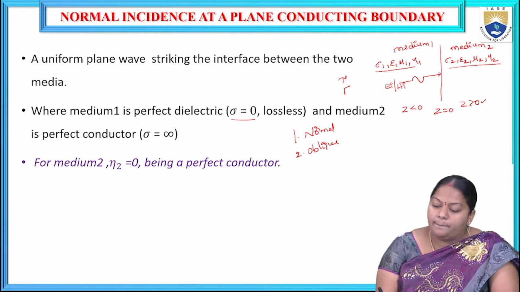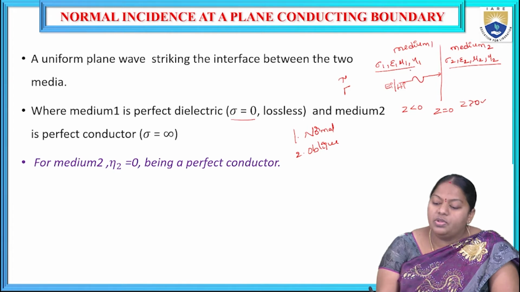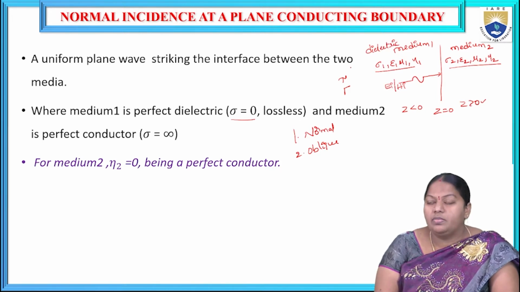To derive the conditions for normal incidence at a plane conducting boundary, one of the two media is assumed to be a dielectric medium. Let medium 1 be the dielectric medium and medium 2 be the conducting medium.